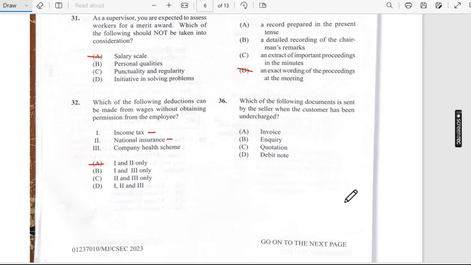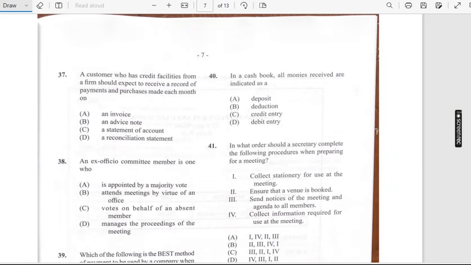So for this one, guys, I will go with the quotation, not debit notes. All right. I'm really hesitating on this one, because a debit note has to do with how much you paid.